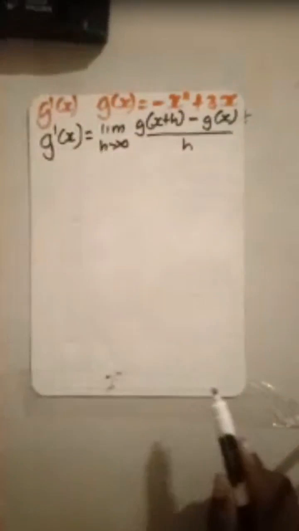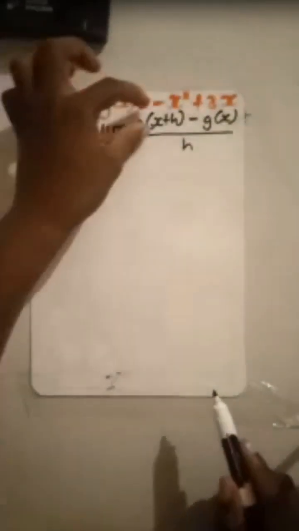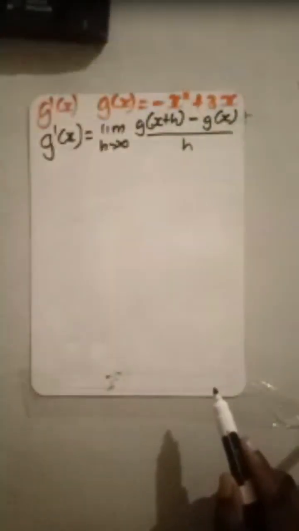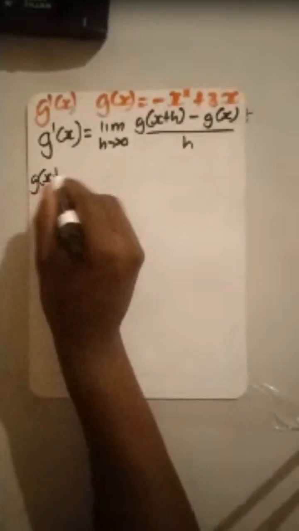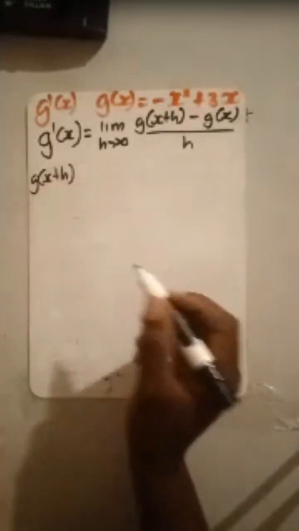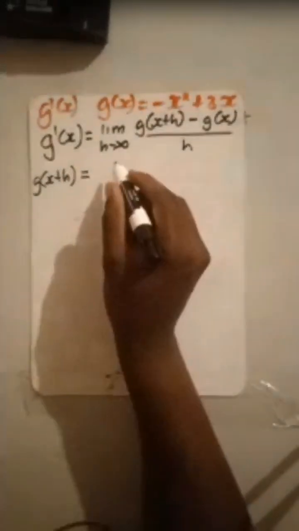So remember, the first thing is to extract g of x plus h, then work with it aside, right? So g of x plus h is equal to, now this is going to be negative.